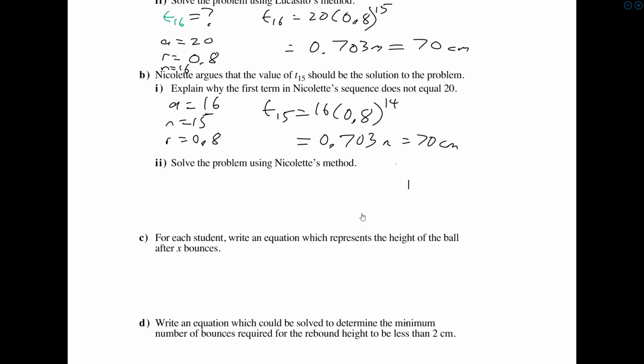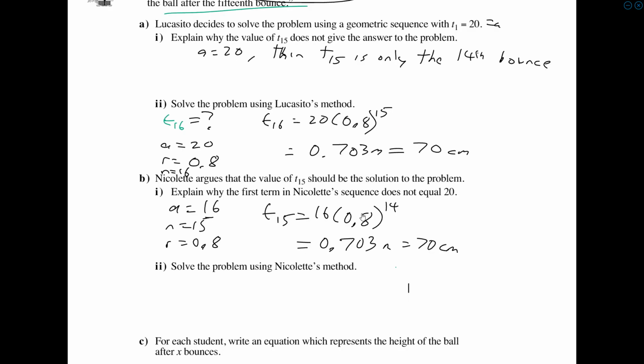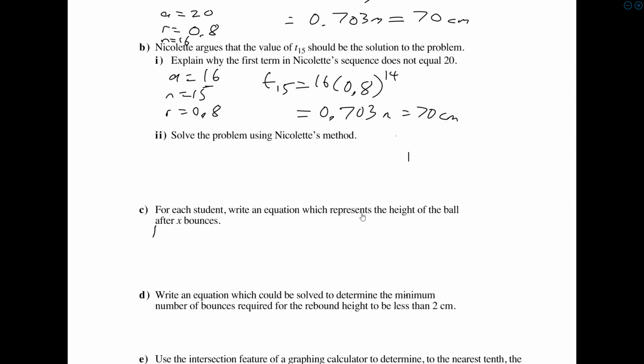We talked about why. So then, what about this instead? For each student, write an equation that represents the height of the ball after x bounces. I thought about not doing this with you, but it maybe is actually helpful. Because for L and for N, the first one was T_n equals 20 times 0.8 to the power of n minus 1 is the situation, right?